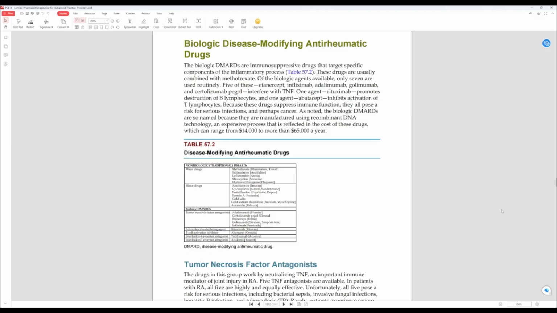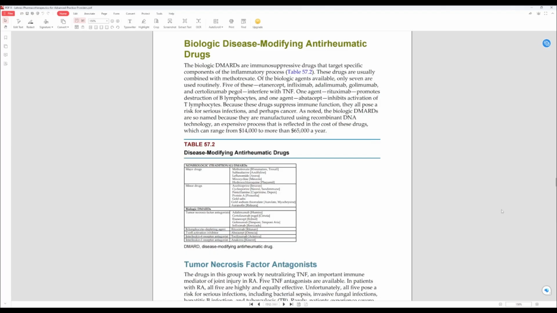One agent, rituximab, promotes destruction of B lymphocytes, and one agent, abatacept, inhibits activation of T lymphocytes. Because these drugs suppress immune function, they all pose a serious risk for serious infections and possible cancers.